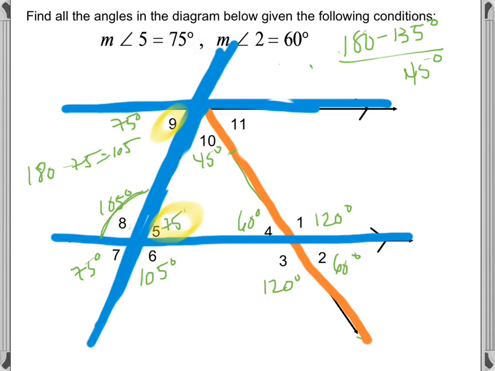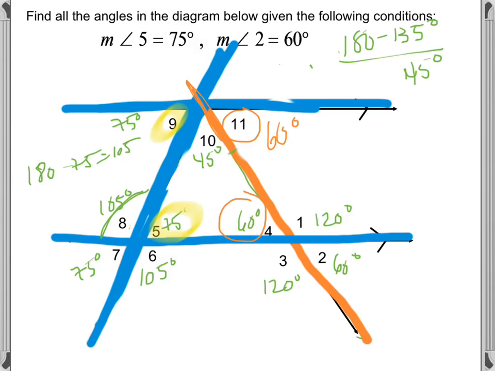Now you can either extend the orange transversal to figure out what 11 is, or you might be able to just see it right now. 11 and 4 are alternate interior angles as well to the orange transversal, so they're equal to each other, so this must be 60 degrees.